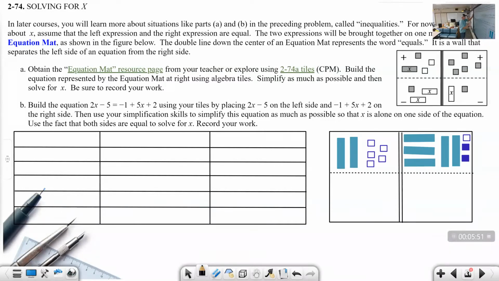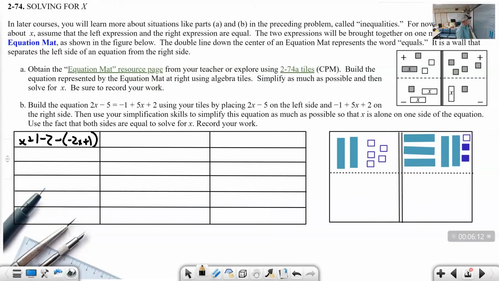So here we go. On the left, I have x plus 1 minus 2. That's the top. Minus the bottom, negative 2x plus 1. Now I want you to notice this expression mat has this double line. You see that double line right here?